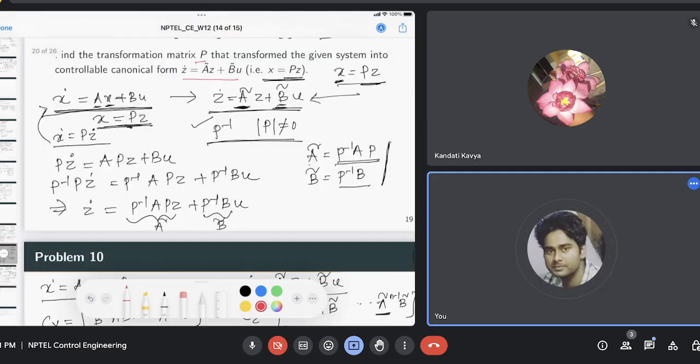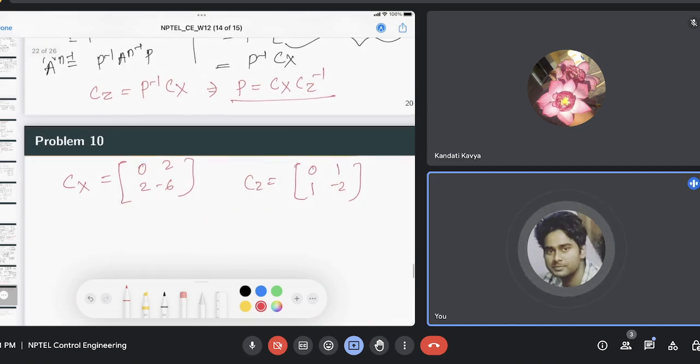Then we will find this P matrix, the matrix that will transform from the given x domain to the controllable canonical form represented by the z domain. This P matrix will be by this formula Cx into Cz inverse. So just compute this Cz inverse. The determinant is minus 1, so the inverse is 2, 1, 1, 0.